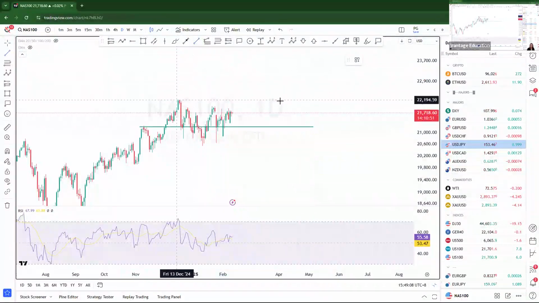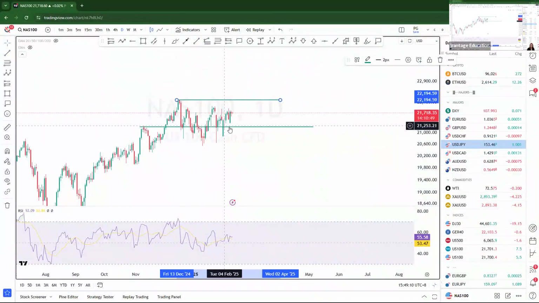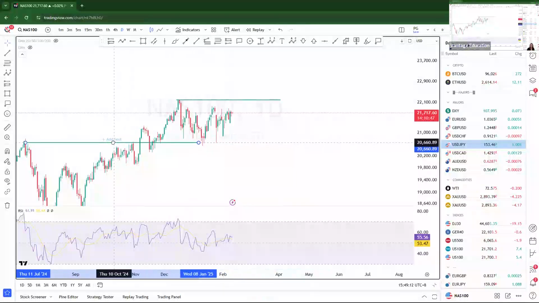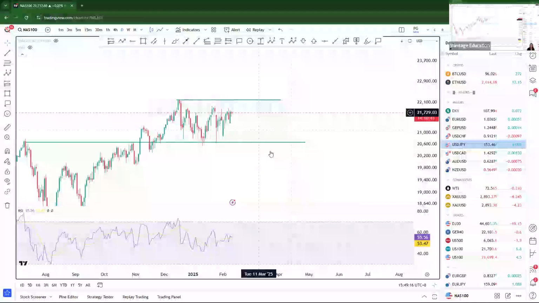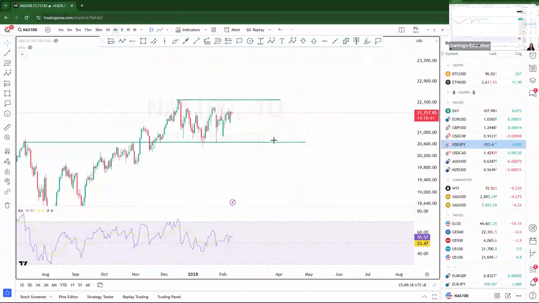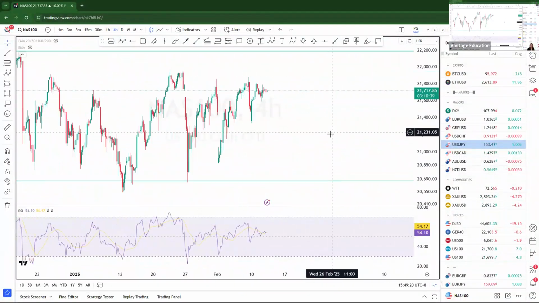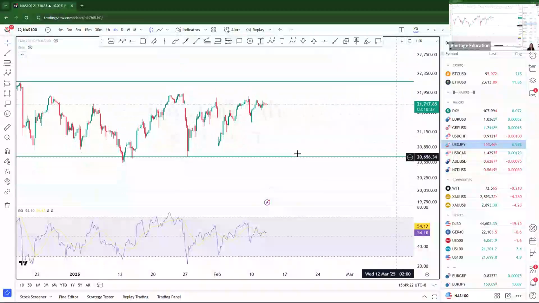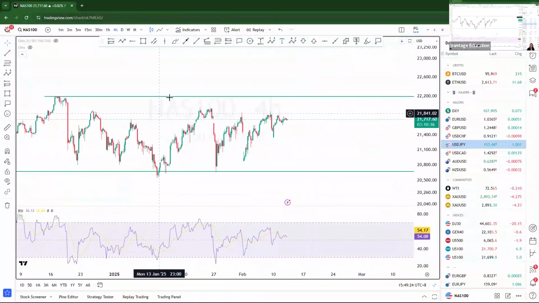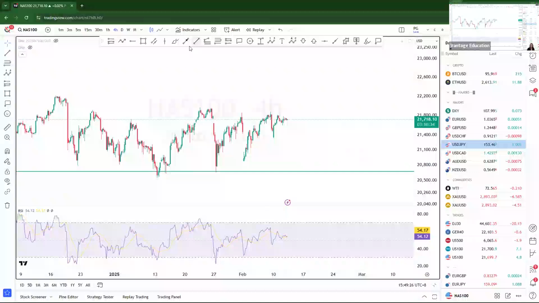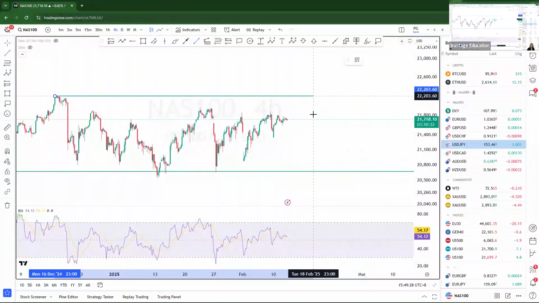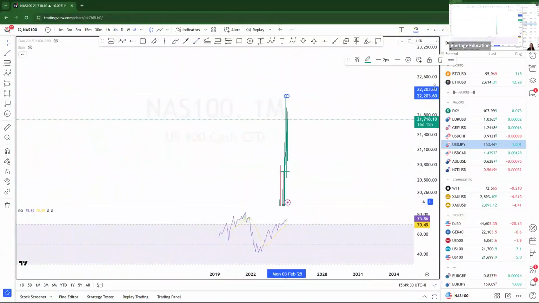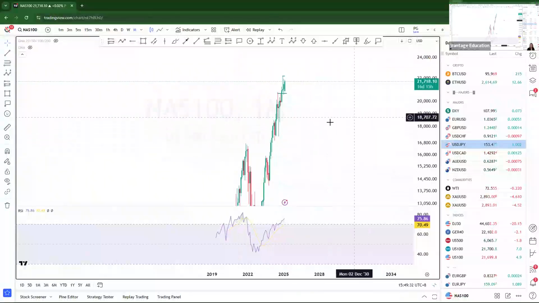The market structure is not very nice here. You can see the price is just ranging. Maybe you can go to the lower time frame for a scalping entry.